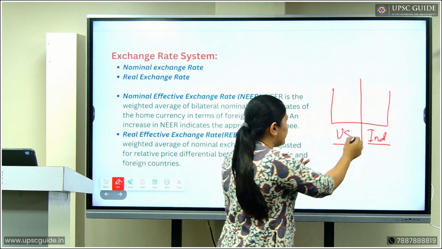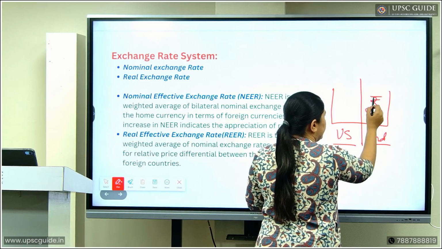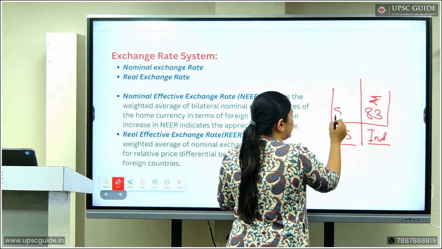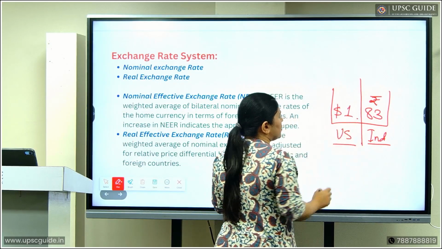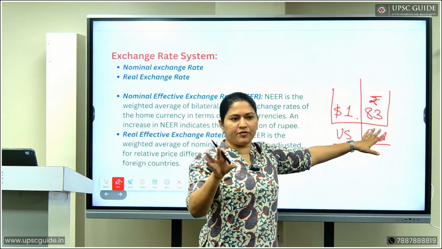Let's take for example, if we have 83 rupees, that is Indian rupees, versus the dollar, it nearly stands up to $1. I'm taking it as an example, it might be 86, it might be 85 at today's date.